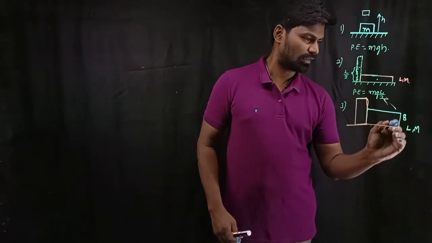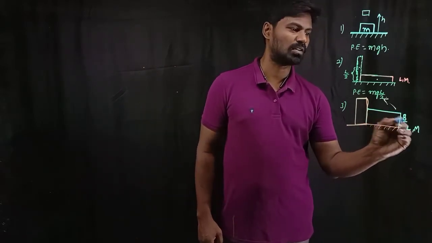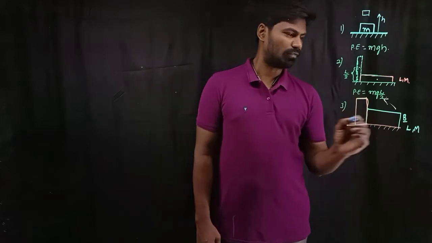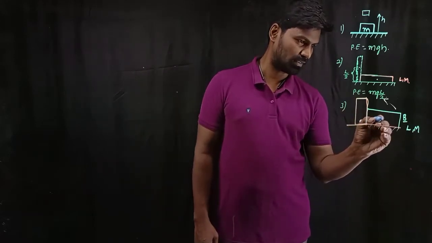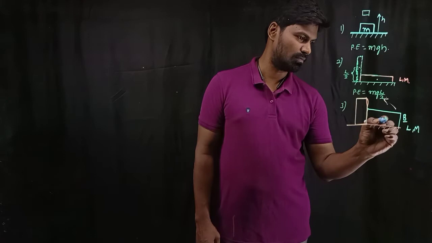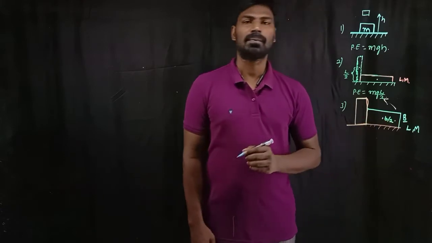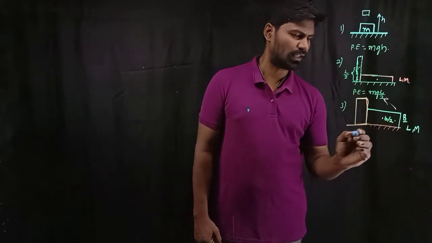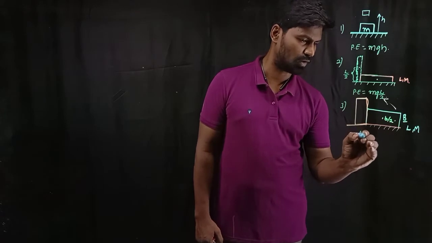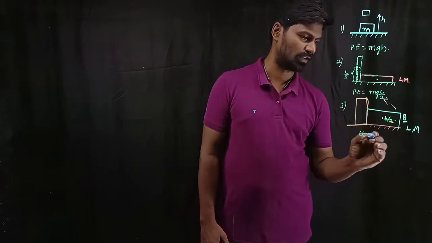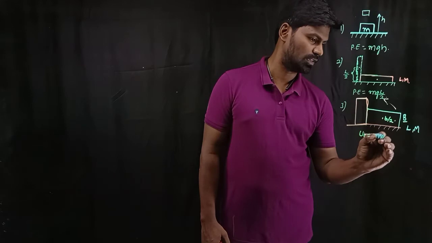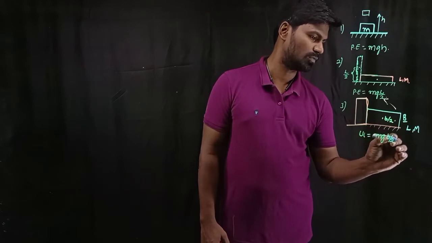Here the vertical dimension is breadth B. So before lifting up, what is the height of the center of mass? Exactly half of the breadth, that is B by 2. So the initial gravitational potential energy Ui is mg into B divided by 2.